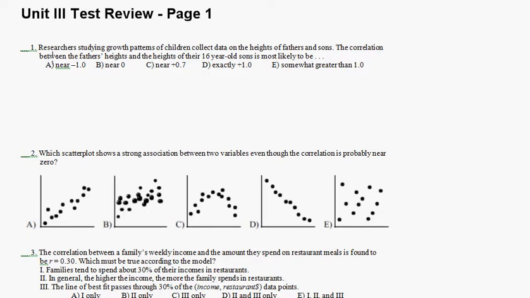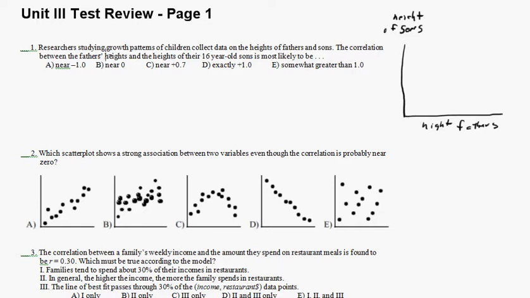So the first problem: researchers studying growth patterns in children collect data on the heights of fathers and sons. So I believe what we have is the height of fathers, and we have the height of sons.